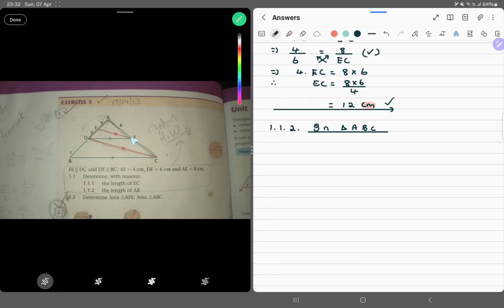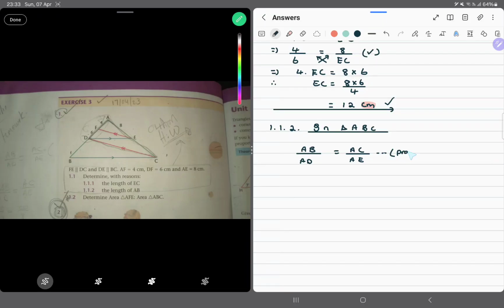We also know AE, and we possibly can find AC because we just found EC right now. So that's 12 plus 8, it becomes 20. So we can essentially use that and say, look, the whole side AB over AD should be equal to AC over AE.